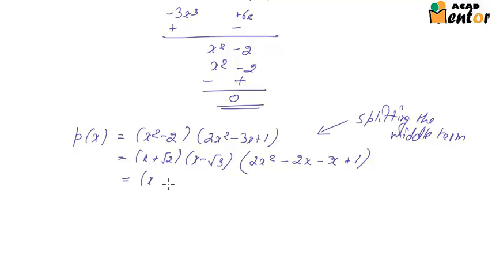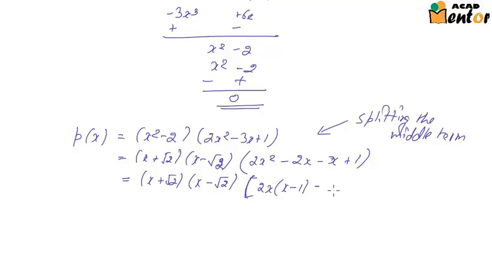So this becomes x plus root 2 multiplied by x minus root 2. I made a mistake in the upper line; this should be root 2. So this becomes, let's put a square bracket, let's take common 2x, and what remains would be x minus 1.